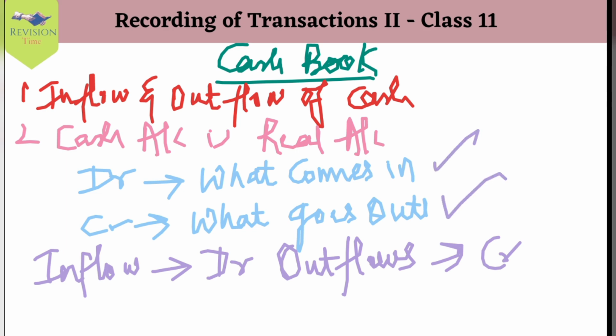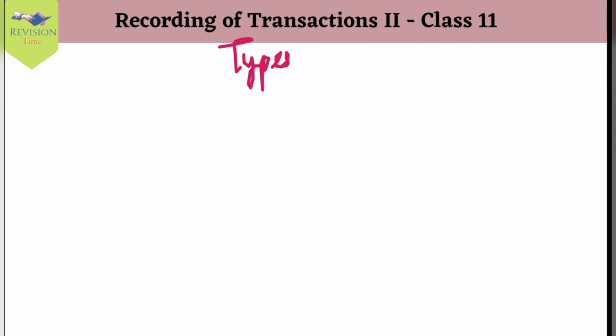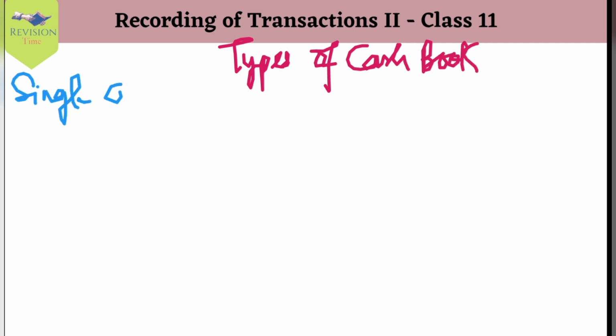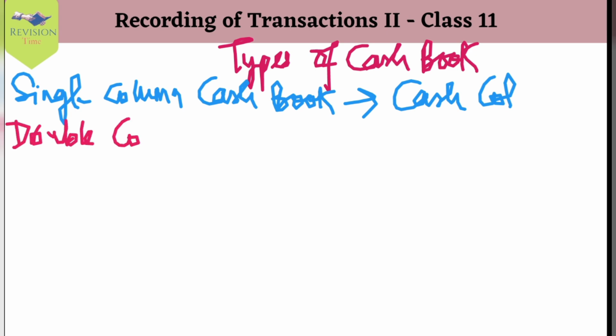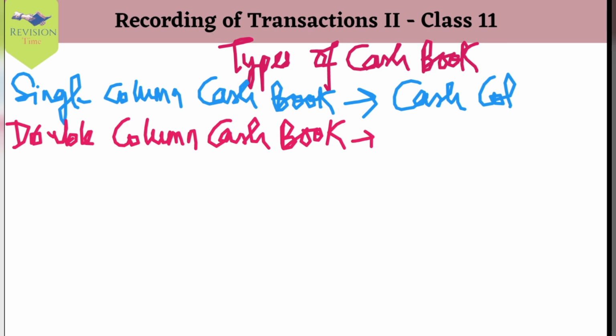Next, types of cash book. First we have single column cash book. In this book we have only one column, that is cash column. Next we have double column cash book. We have three types again, where there will be two columns.